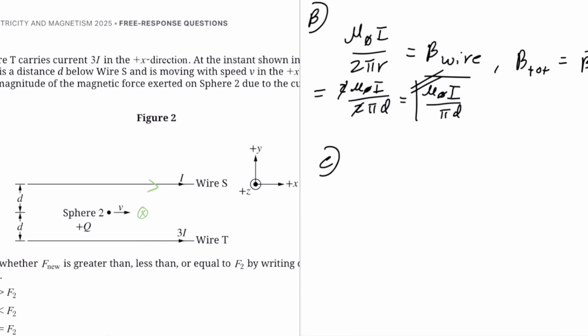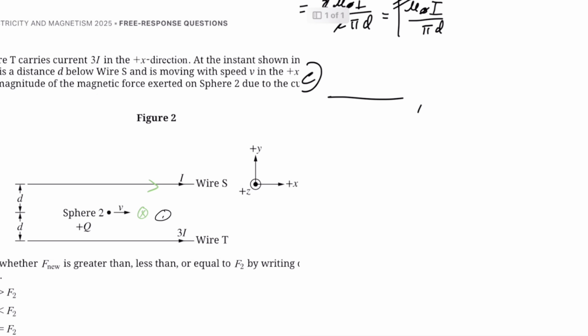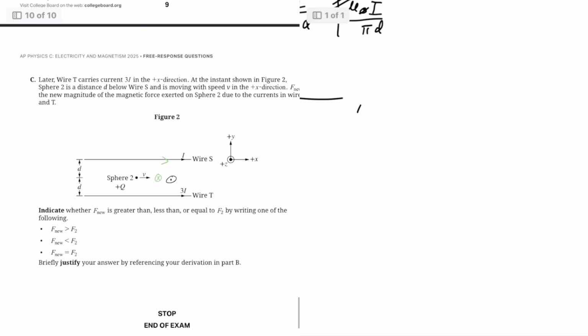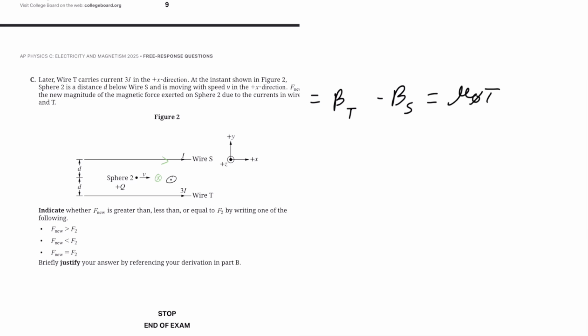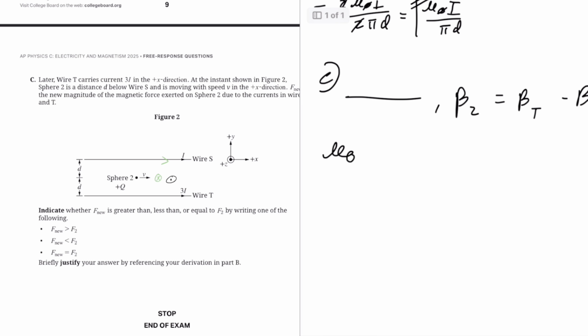So C, indicate whether F new. Before I indicate, I'm going to leave a space here and start deriving, and then I'll reference it. So B at 2 is now equal to BT minus BS, which is equal to 3 mu naught I, because wire T now carries 3I, divided by 2 pi d, since the distance is still 2 pi d, and we subtract from that mu naught I over 2 pi d, because that one didn't change besides its direction.